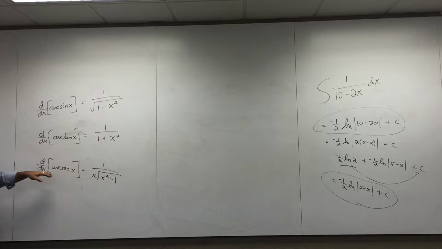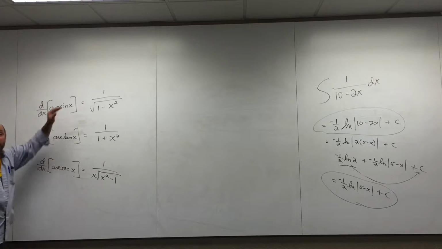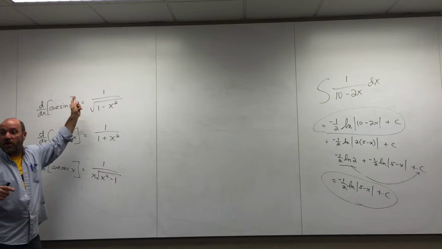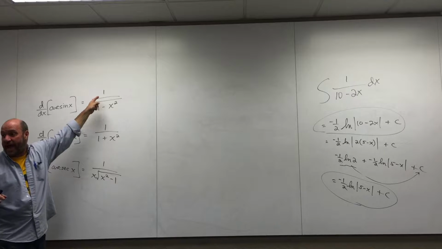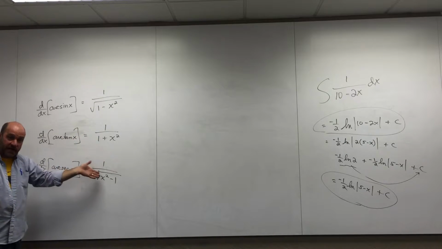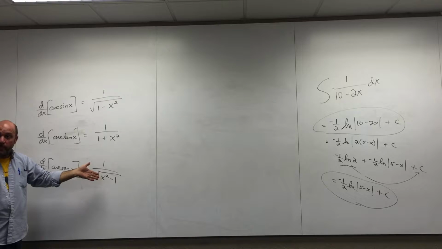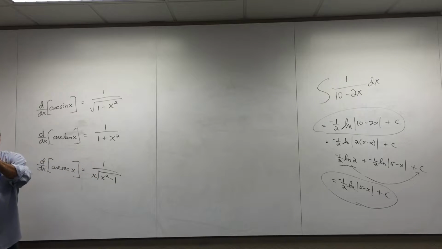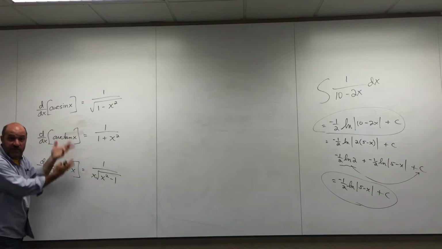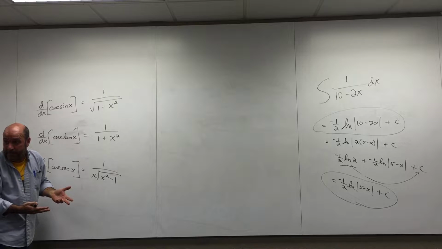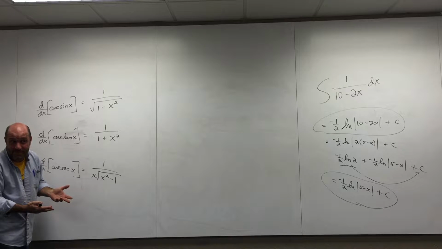Their derivative formulas were the exact same formulas with negative signs on them. Arc cosine was the negative of that, arc cotangent was the negative of that, and arc cosecant was the negative of that. So in a way, there weren't 6 of these derivative formulas, there were 3. The other ones were just the negative of them. Is that okay?